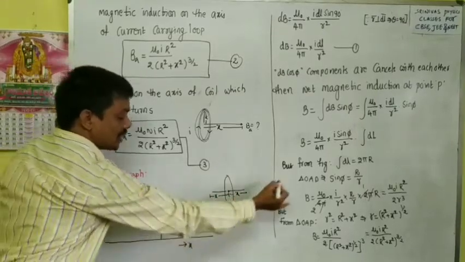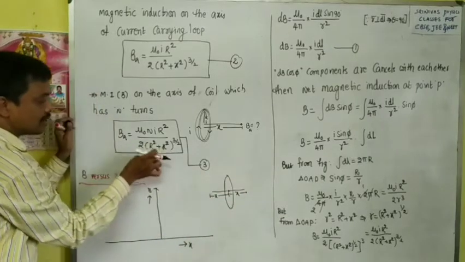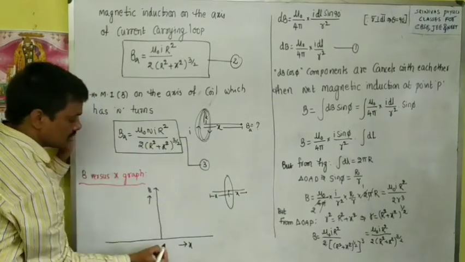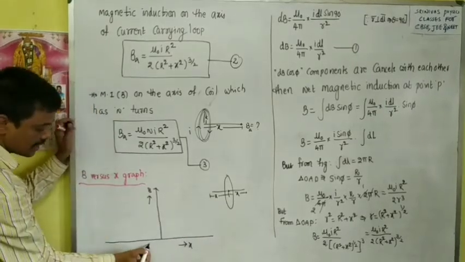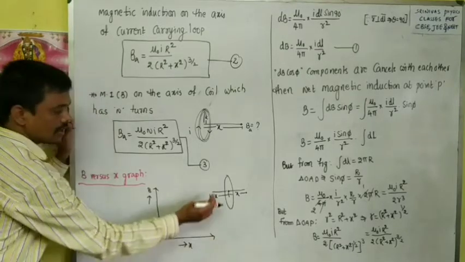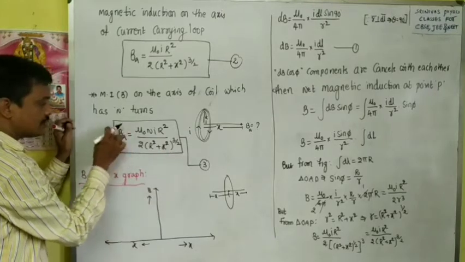When you go to the right side, positive X increases. When X increases, this denominator increases, then B decreases. If you go to this side, negative X increases, and again X increases means the denominator increases, then B decreases.